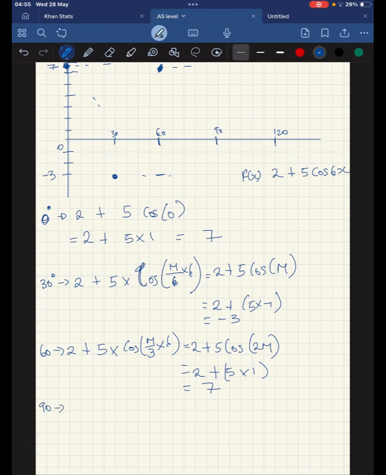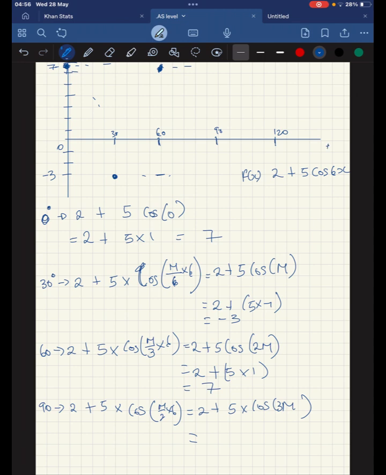Then we are at 90. 90 is going to be 2 plus 5 times cos of pi over 2 times 6. It's going to be 2 plus 5 times cos of 3 pi, right? Now, what is 3 pi?